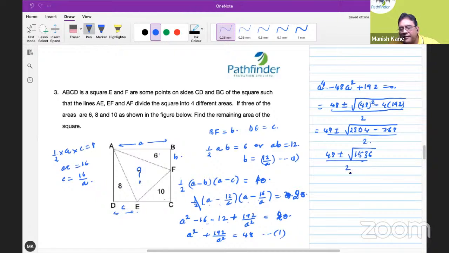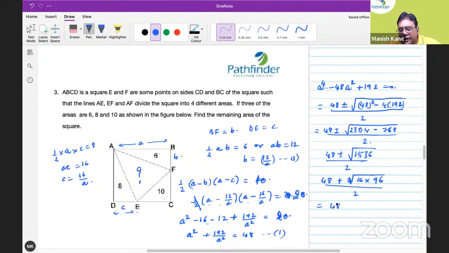So I can see that 1536 is divisible by 4, 4 3s are 12, 4 8s, yeah. Is it divisible by 8? 8 1s are 8, 8 9s, yes, it is divisible by 8. Is it divisible by 16 as well? 16 nines are 144. Yes, it is divisible by 16 as well. So I can write this as 16 multiplied by 96, divided by 2.